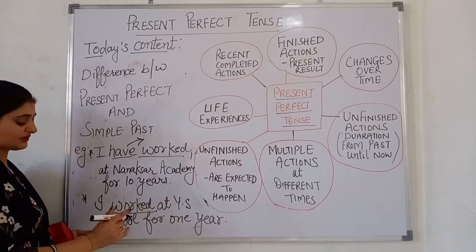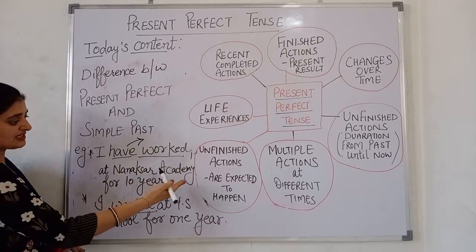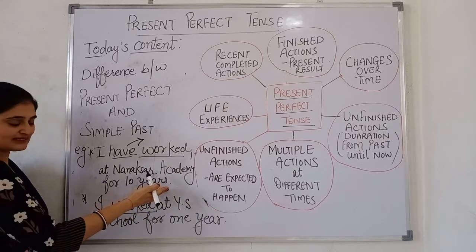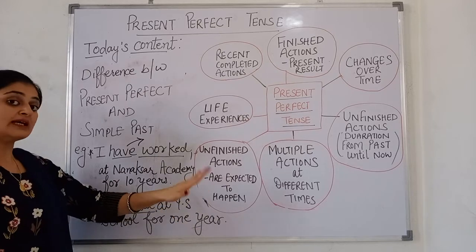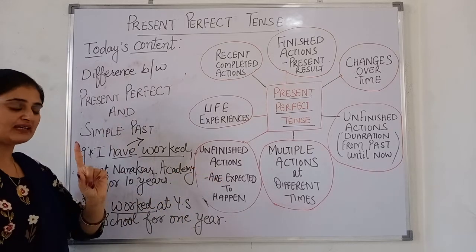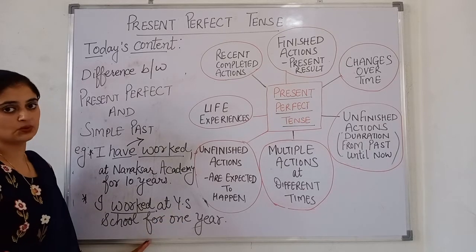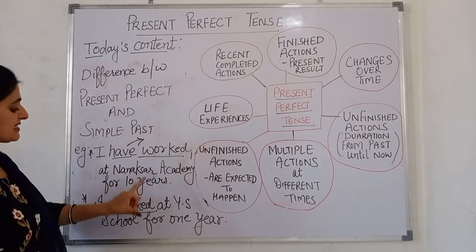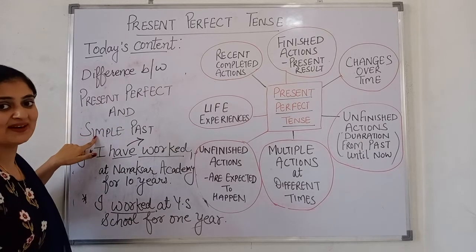Now it is over. For example, we can say that I am still teaching at Nanak Sir Academy for 10 years, clear? But here it is, I worked at YS School for 1 year, means in my past somewhere for 1 year, I provided my services at YS School. Got it, students? So this is the first difference between present perfect and simple past.